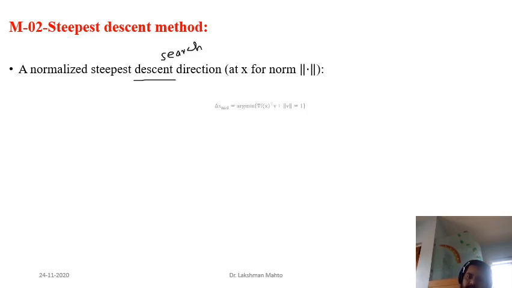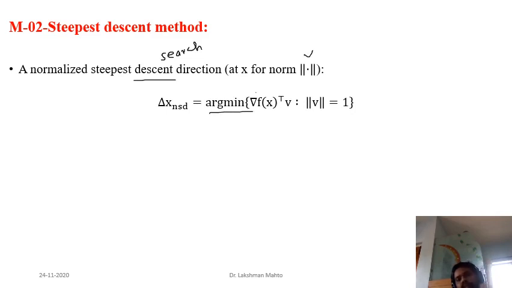At point x, with respect to this general norm, we can define it as the argument of the minimum of the gradient of f transpose v. It is one kind of operator norm, what we call the dual norm. How we define the dual norm, we always define it this way. Or direction norm also we can call it something like this.